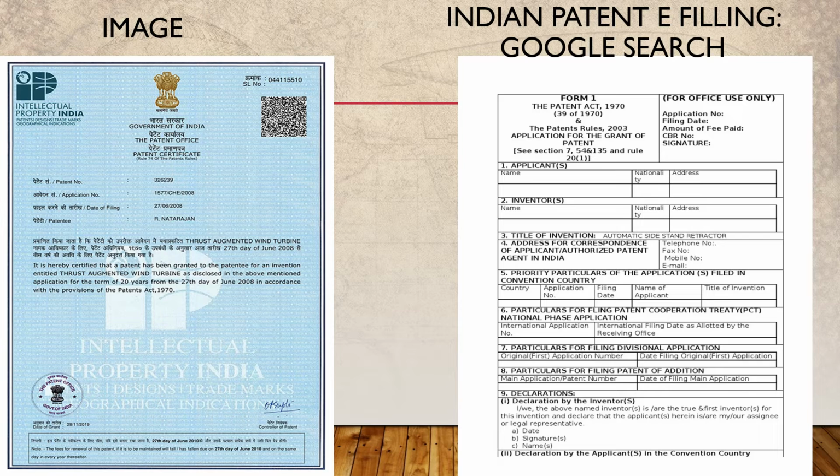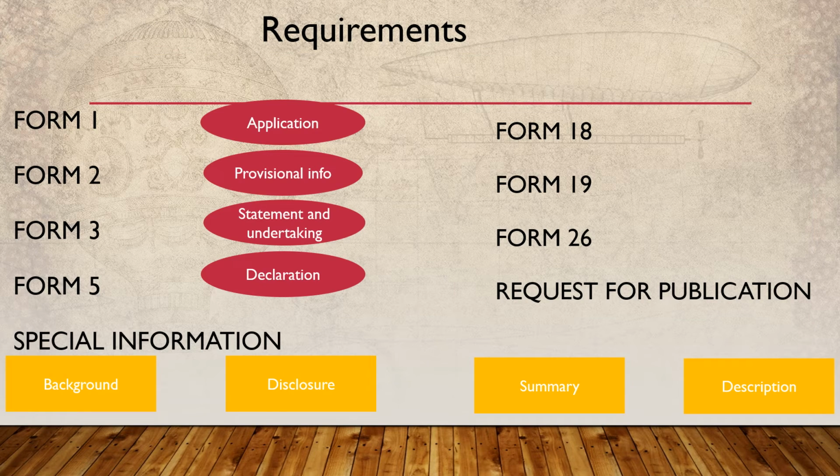Then you have to mention the Patent Cooperation Treaty, PCT. Then you have to give the particulars for filing divisional applications, declaration by the inventor.